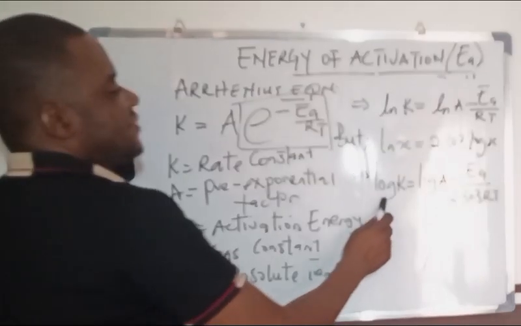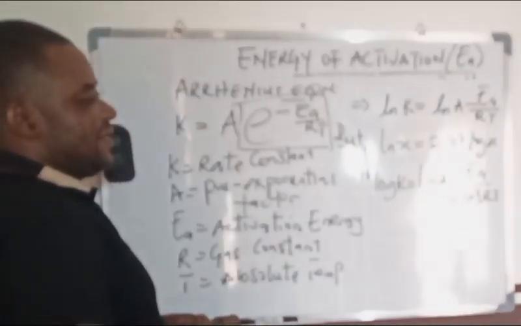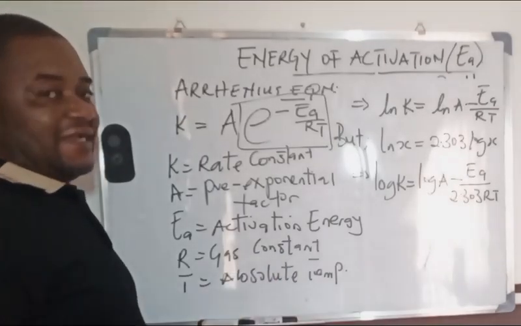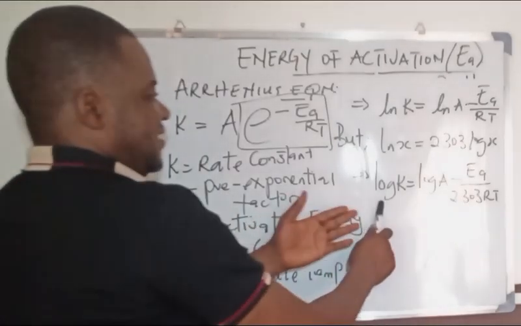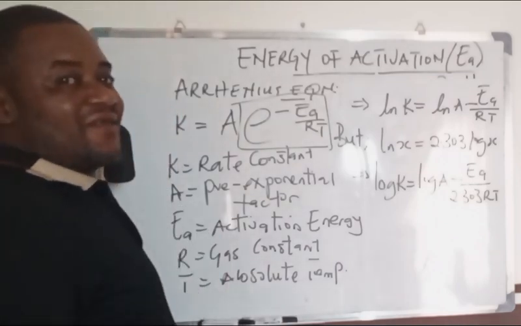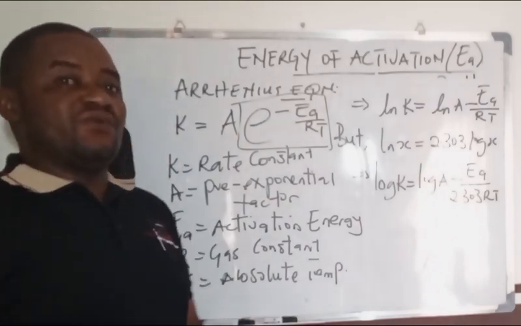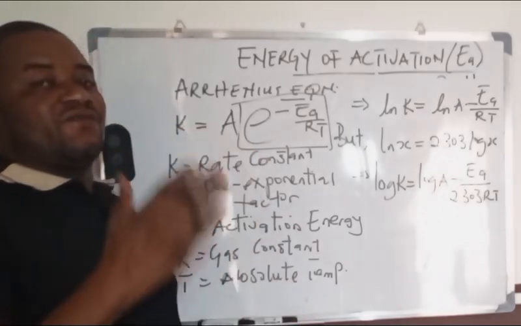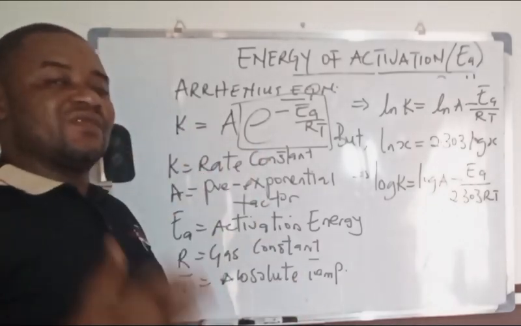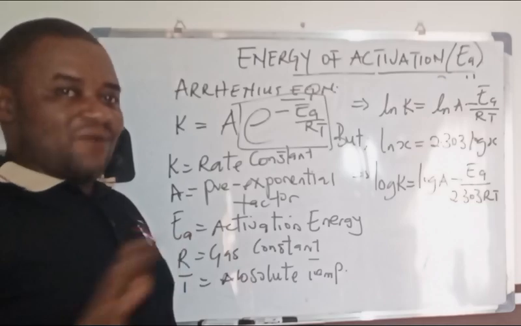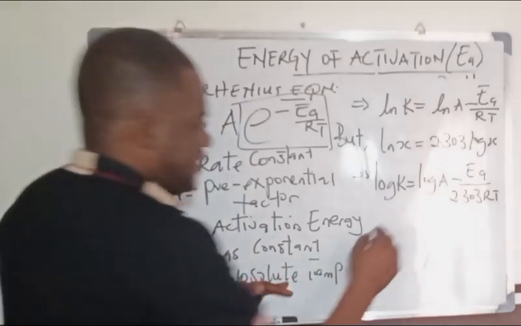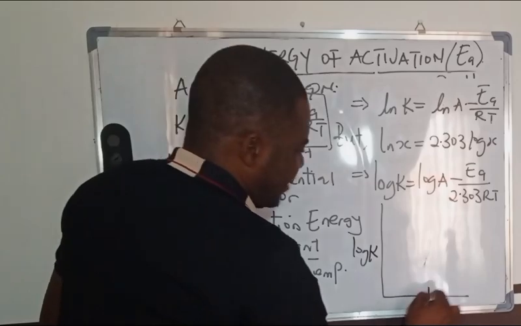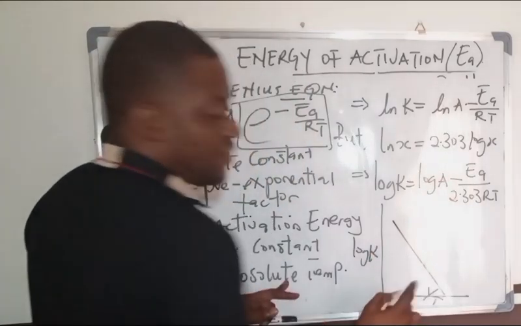Now, with this equation that we have here, we can understand that it can be written in a graphical form. Do not forget that the question said there is a plot of log k against 1 over T. That is what the question says.